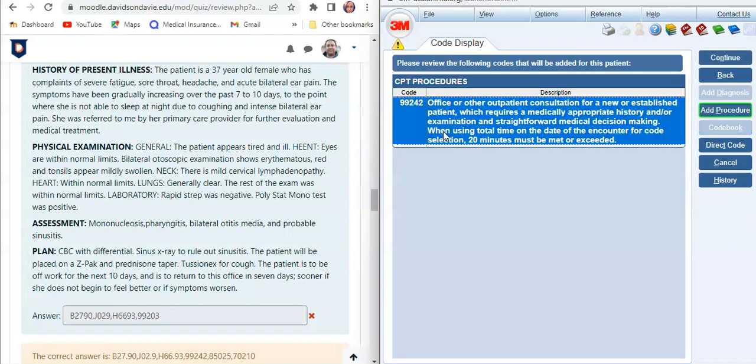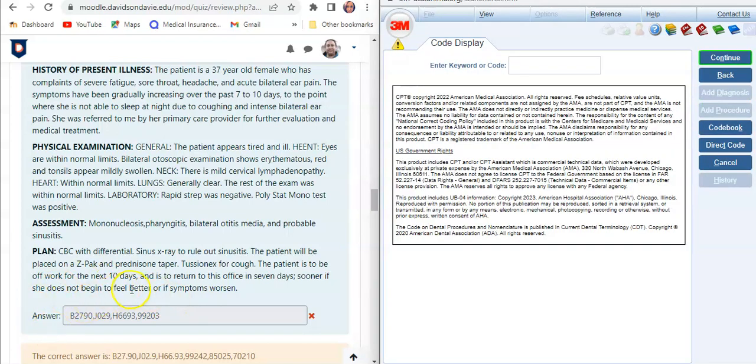We don't want to code anything else. So that one is 99242. No periods. This one doesn't have any periods. But there isn't one. So that's actually correct. No confusion there.